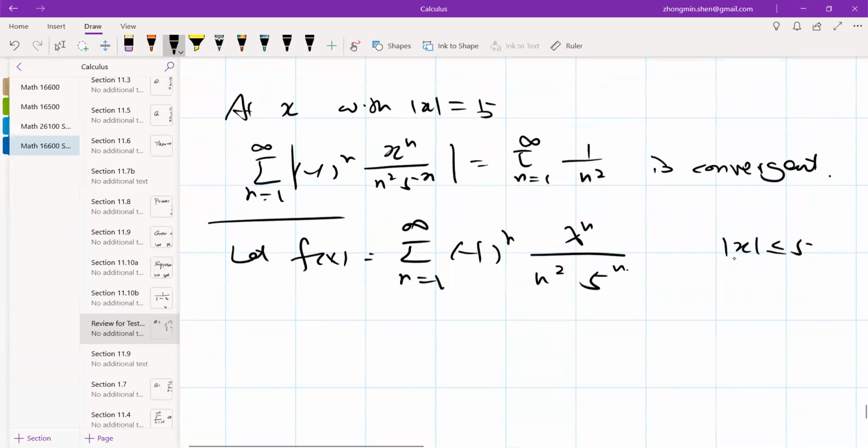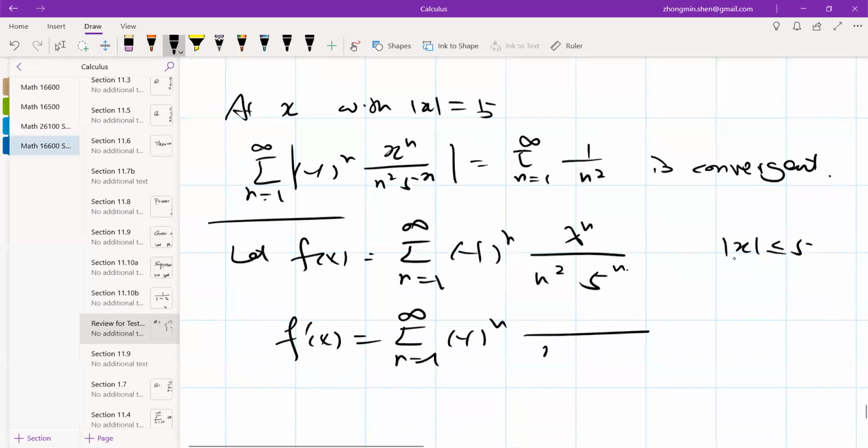This can be defined at the endpoint. All right, so what can we do? We can differentiate in the interval.